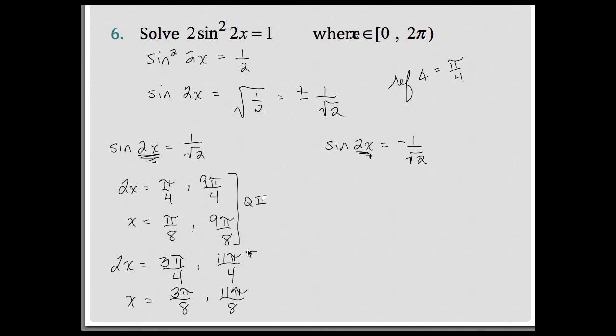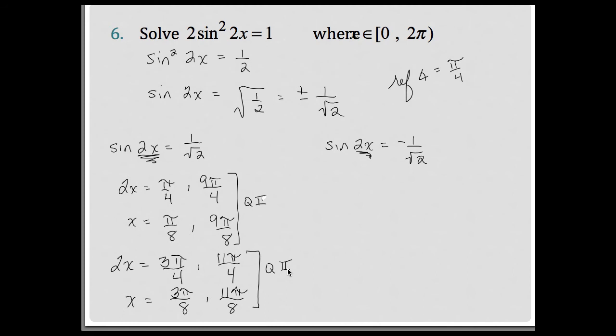So now you got 2 more. This is from when your answers were in the second quadrant. So far you have 4 answers: pi over 8, 9 pi over 8, 3 pi over 8, and 11 pi over 8. Now we have to go through the whole same thing again, but now sine being negative.